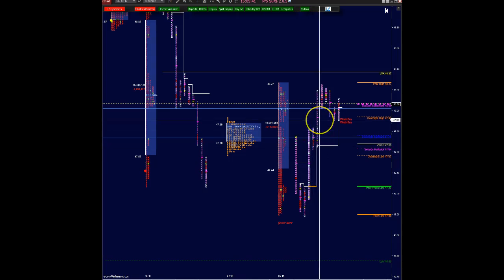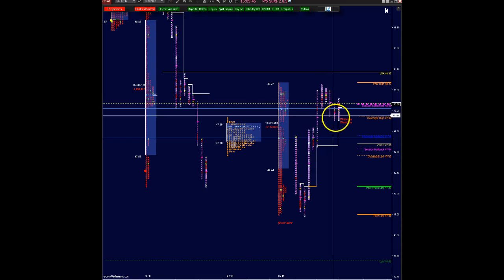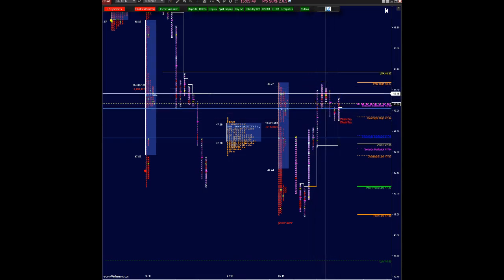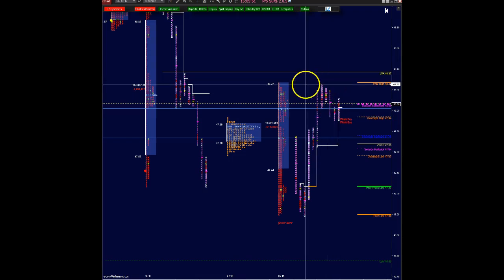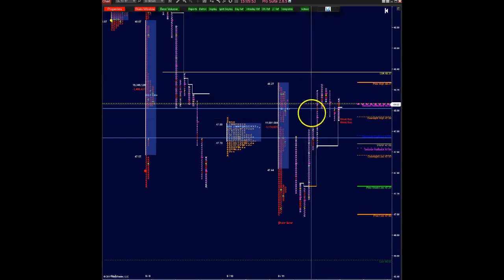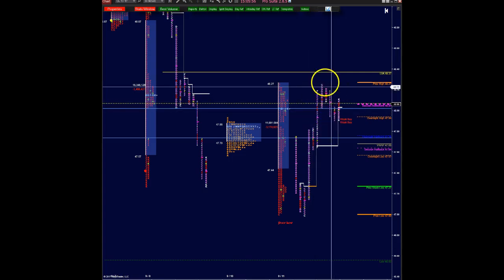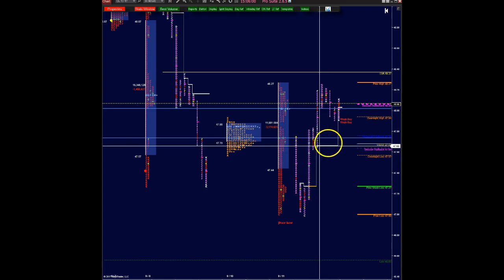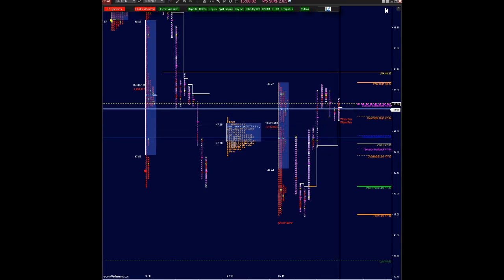So we saw the short covering rally, and I think that some short-term traders also went long on this up move, and probably this move down at the end here was a long liquidation by day traders, something like that. Anyway, the market finished with a long short-term inventory, and you see that the POC has migrated up all day long.